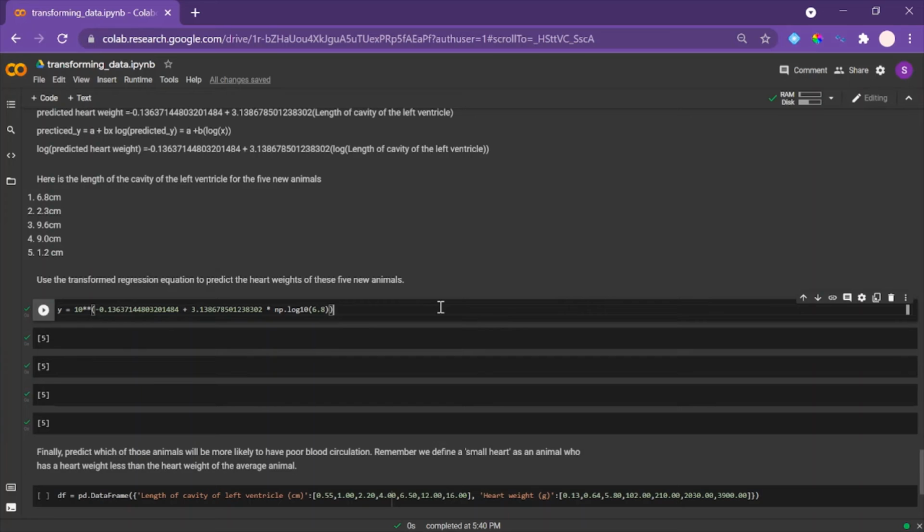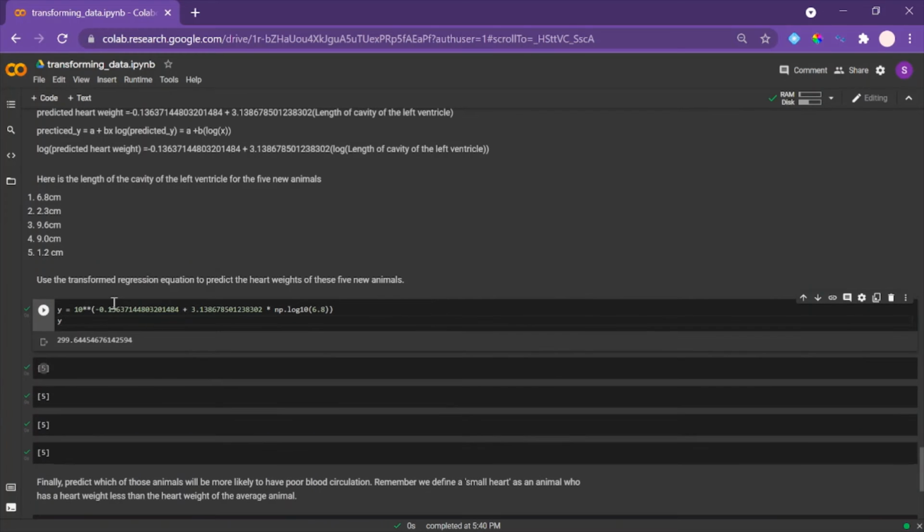And when we do that, we get y equal to 299.6445. And what does this mean? This means that the predicted heart weight of an animal with a length of 6.8 centimeters of their left cavity in their left ventricle is 299.65 grams, okay?